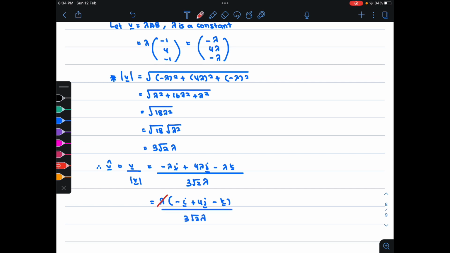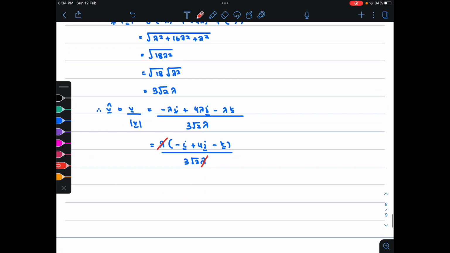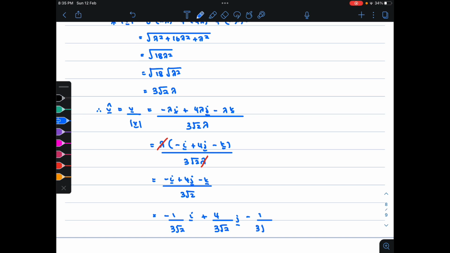Therefore, we can cancel out lambda, and hence the final answer will be negative 1 over 3 root 2 i plus 4 over 3 root 2 j minus 1 over 3 root 2 k. So this is the unit vector that is parallel to vector AB.